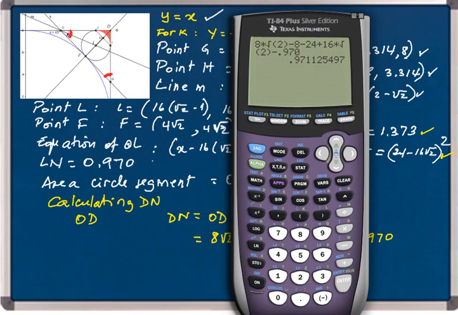This is DN. Now all we have to calculate is the area of that triangle, which is half of that height times JI, and then subtract that circle segment of 0.538.